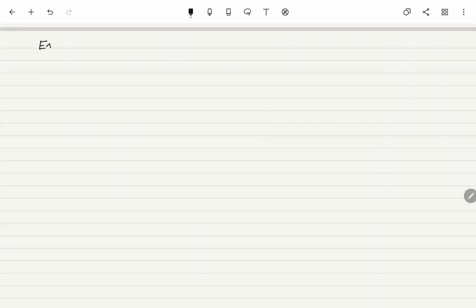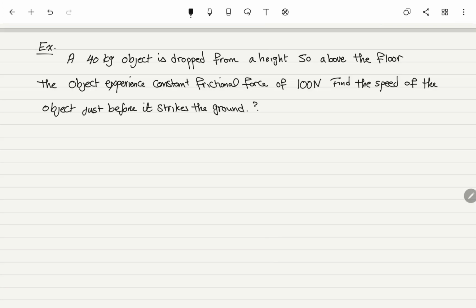Example: a 40-kilogram object is dropped from a height 50 meters above the floor. The object experiences constant frictional force of 100 Newton. Find the speed of the object just before it strikes the ground. Now we dropped an object, and this is the ground.